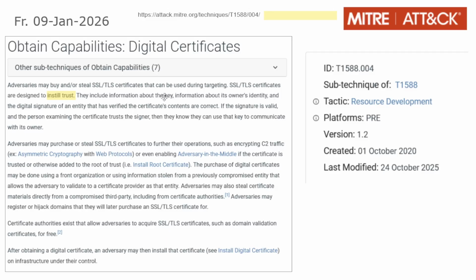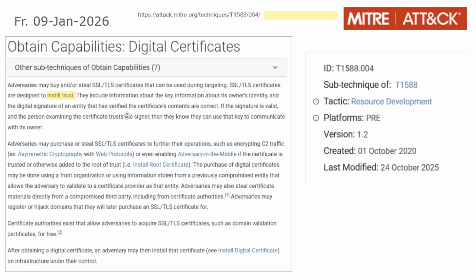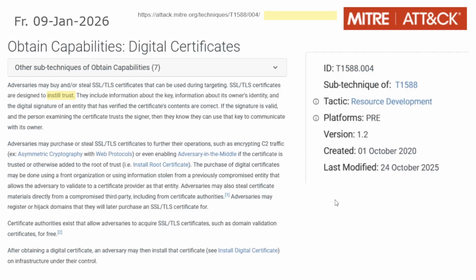The key is for encryption, yes, owner identity, and the digital signature of an entity that has verified the certificates, yes, that the contents are correct. Okay, if the signature is valid and the person examining the certificate trusts the signer, then they know they can use that key to communicate with its owner.